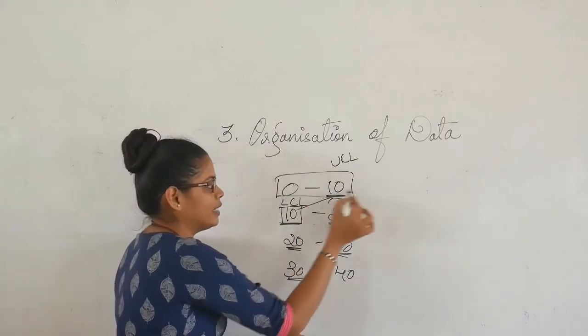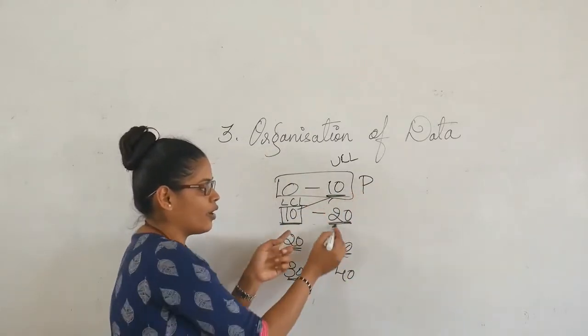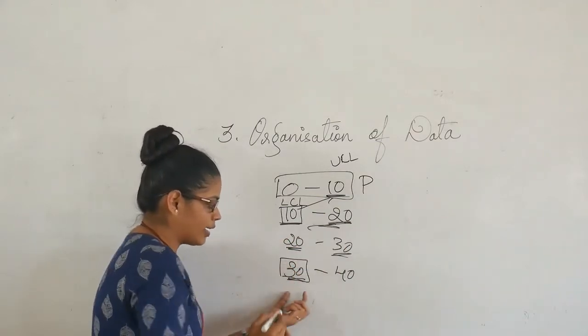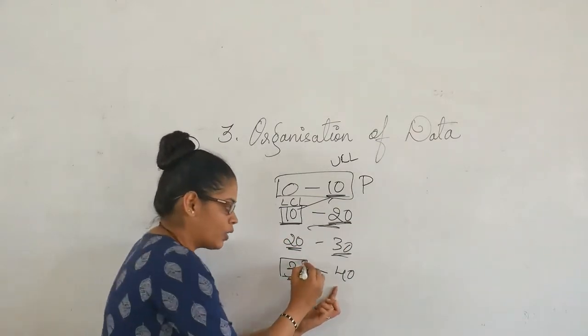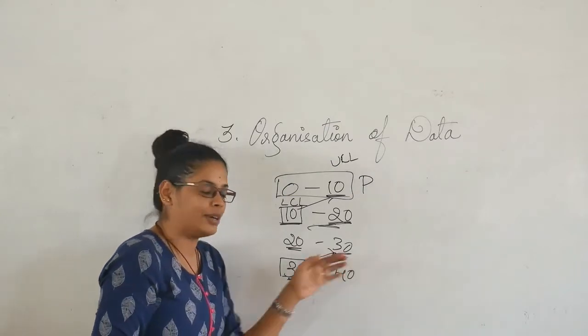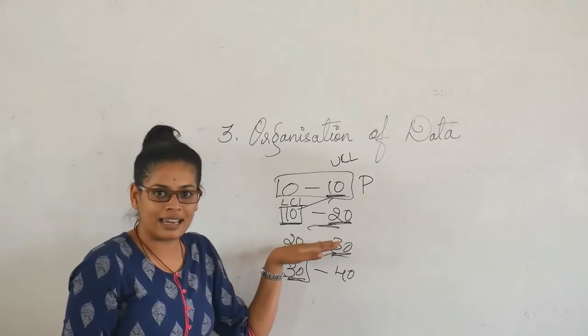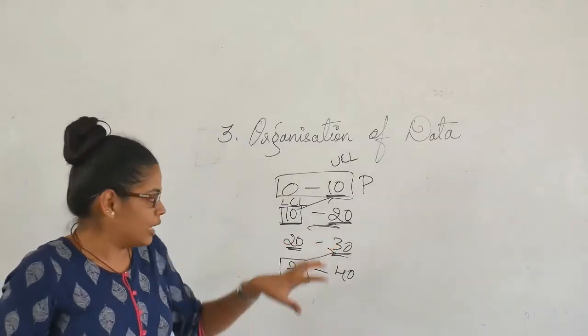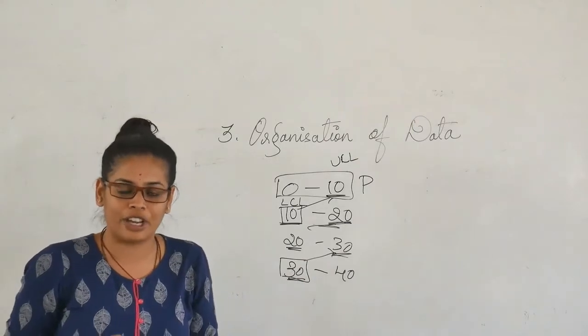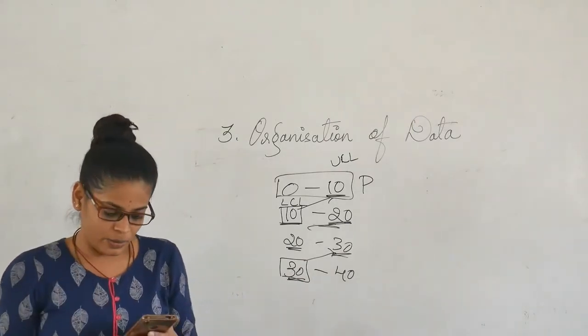This class interval is called the previous class interval of this. See, if 30 is the lower class limit of this, then coincidentally we have 30 here, which is the upper class limit of the previous class interval. So this method we call the exclusive method of classification of class intervals.